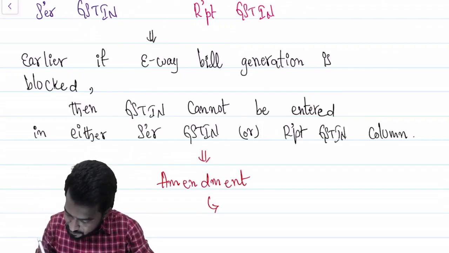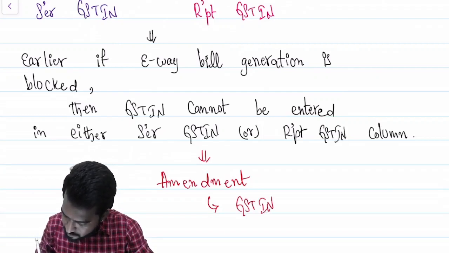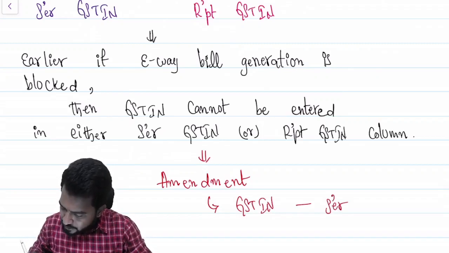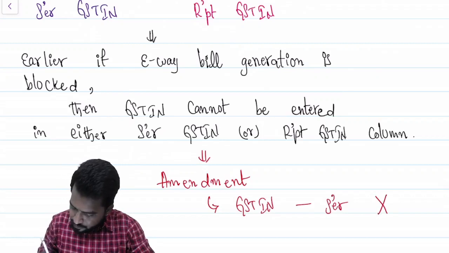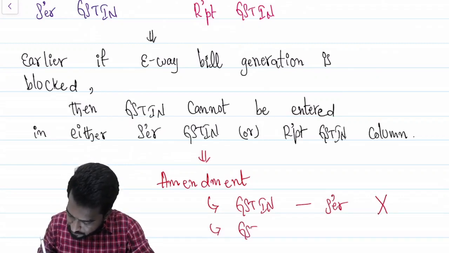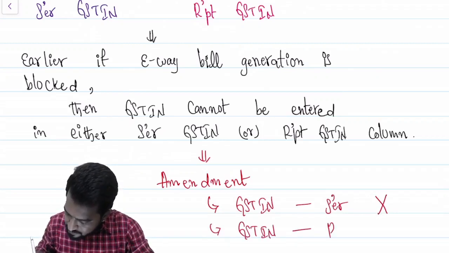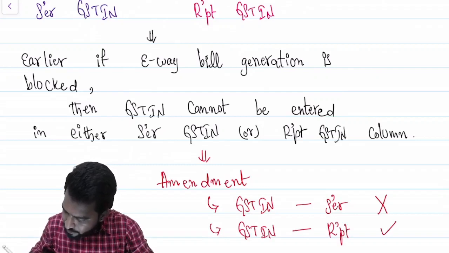So the amendment is: as a supplier, you cannot enter your GSTIN, but as a recipient, now you can enter it.